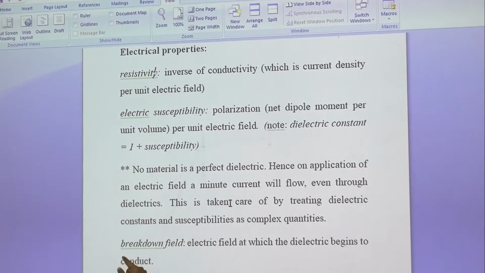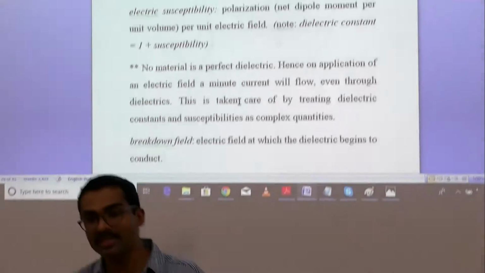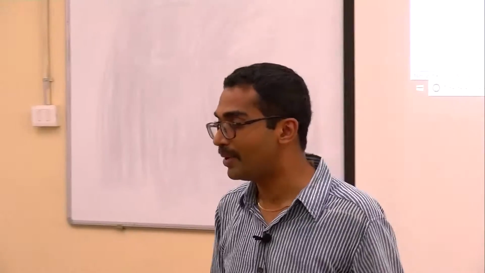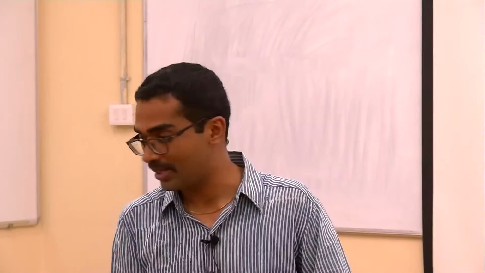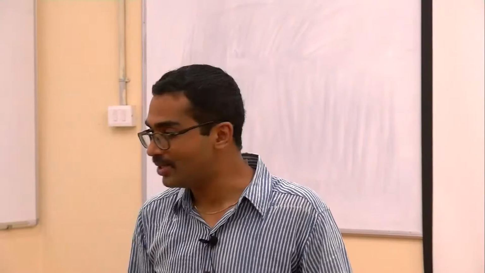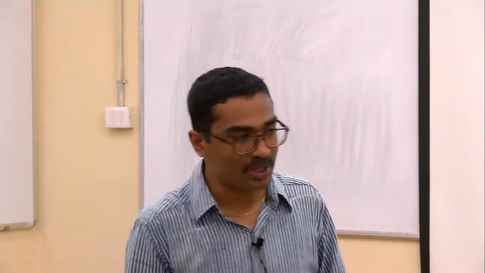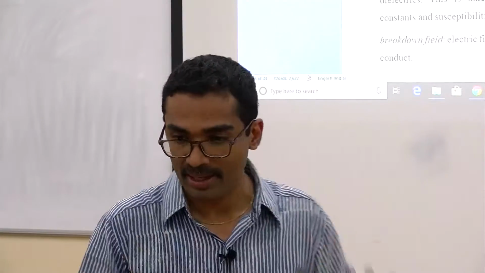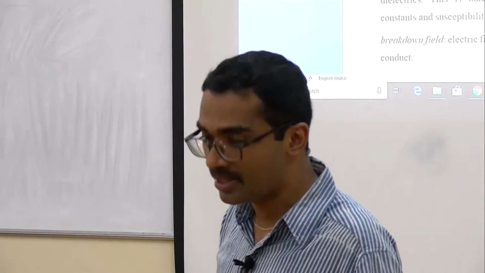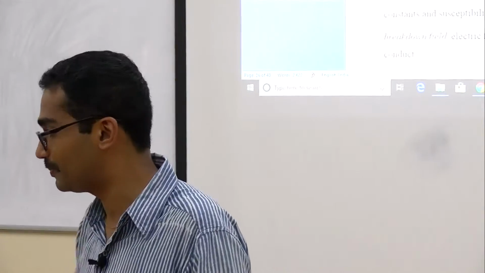Okay, what would be the unit of it? The hint is it is an electric field. So what would be the unit associated with breakdown field? You have between 2 to 5 minutes. I'll walk around, and as and when you make progress, I will stop and we will have some anchored discussions. Okay? Yes. So do you understand the questions?